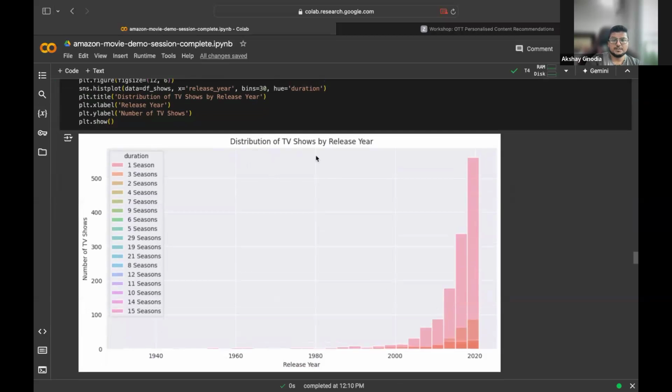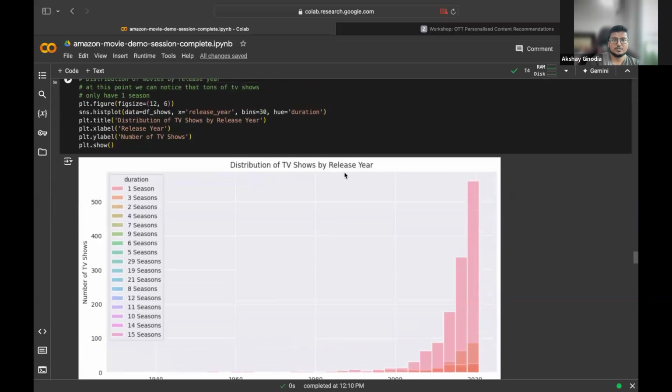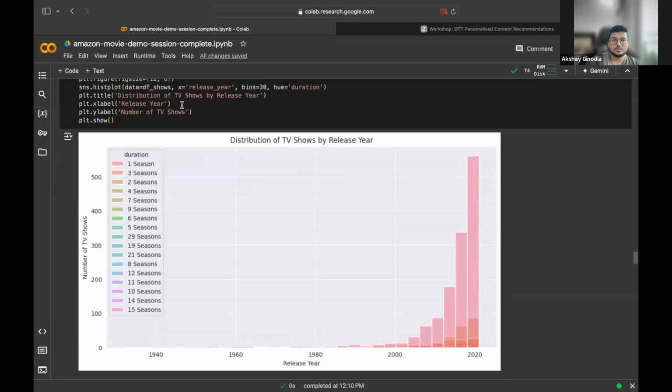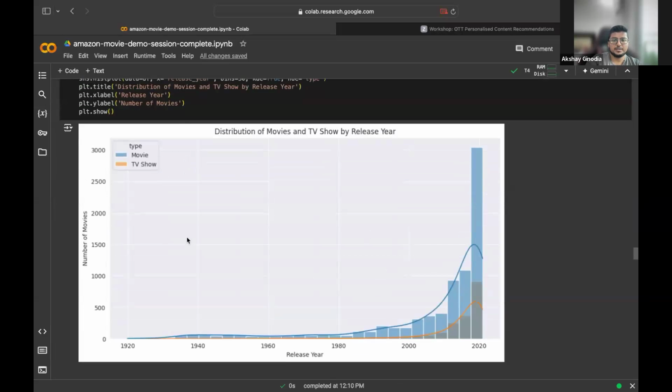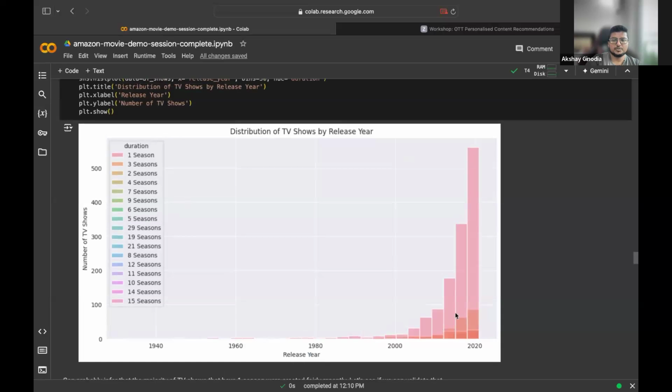So, distribution of TV shows by release year. If I look at only TV shows, I'm doing it for the shows data frame, and previously I was segregating by type. Here I'm also segregating by season, but then you wouldn't be able to see all the bars because they are overlapping.